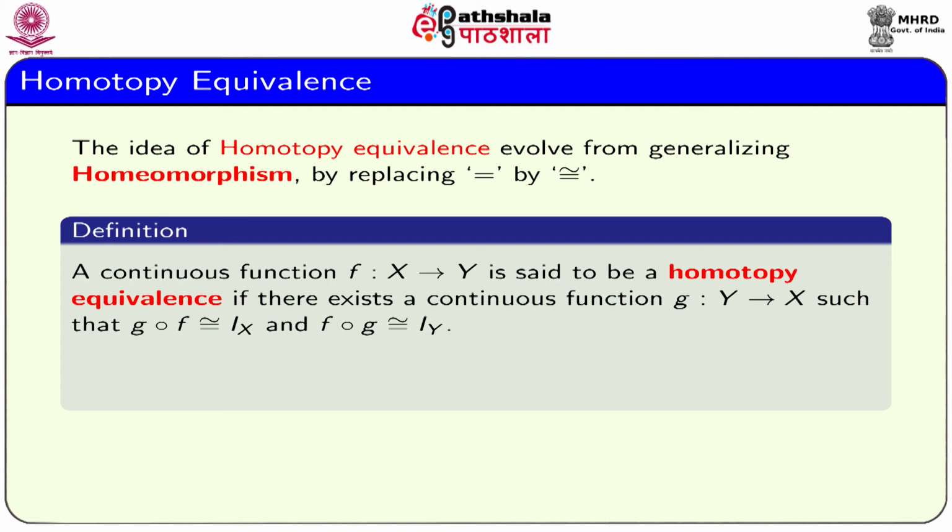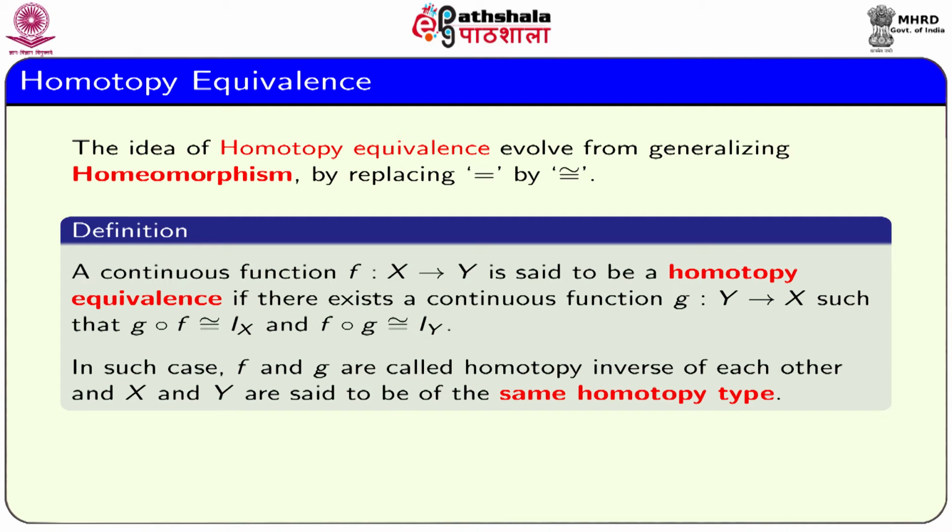So the definition is: a continuous function f from X to Y is said to be a homotopy equivalence if there exists a continuous function g from Y to X such that the composition g composed f is homotopic to the identity on X and f composed g is homotopic to the identity on Y. Now we see that in case of homeomorphism, we were looking for such a function g where g composed f is equal to identity and f composed g is equal to identity.